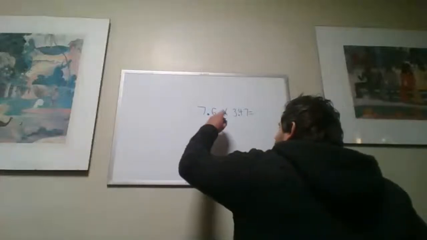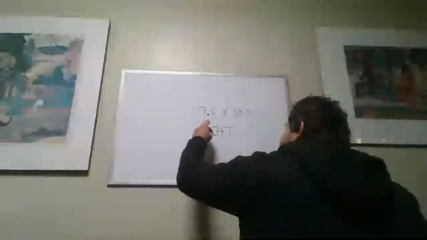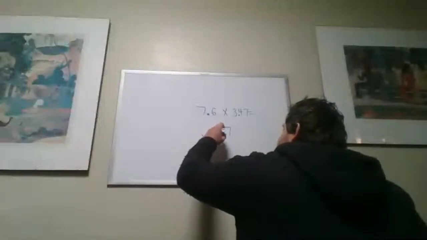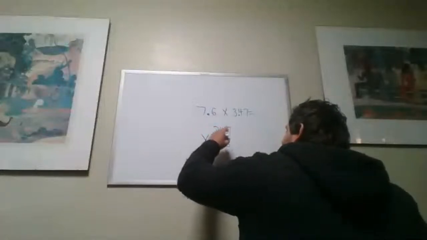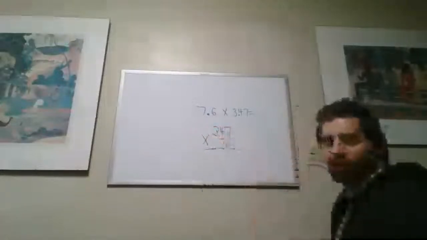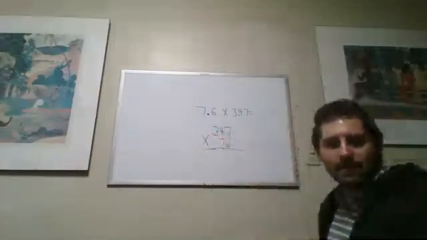So 347 times 76. If we were just multiplying a whole number, and the first step is to multiply as if it were a whole number, the answer would be 26,372.